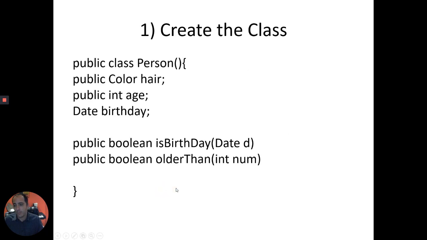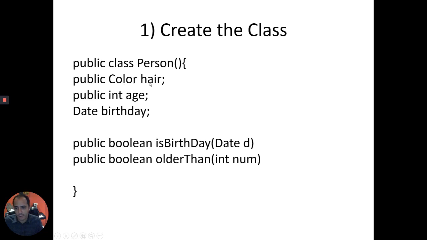Okay, so here's just a simple example of those steps in action. So number 1, you create the class. Public class person. Then you're going to add in your properties. So what are the key variables that you're going to have?